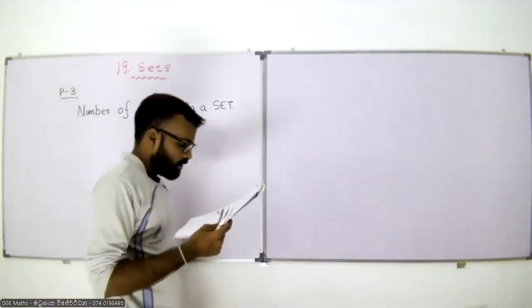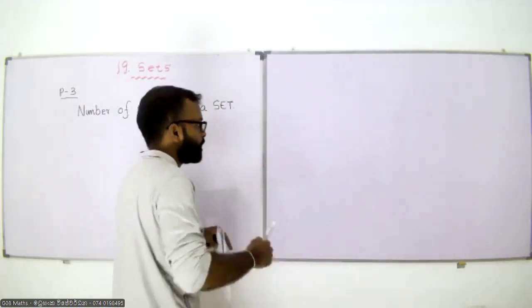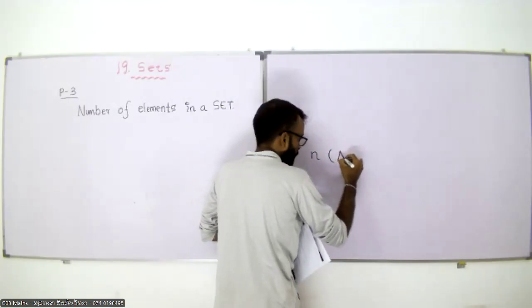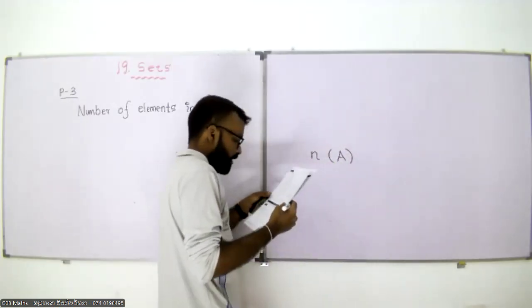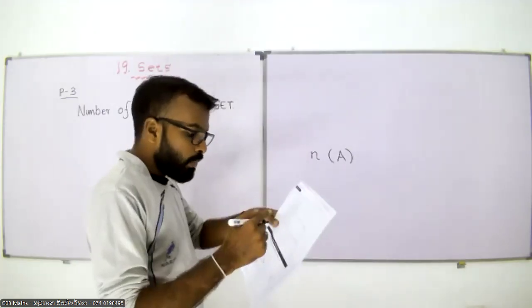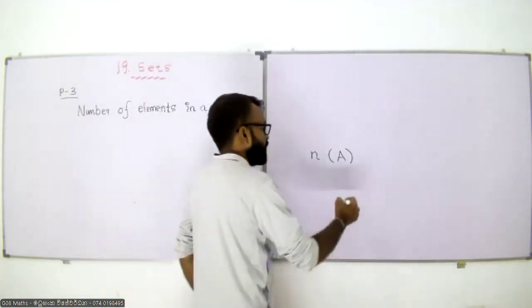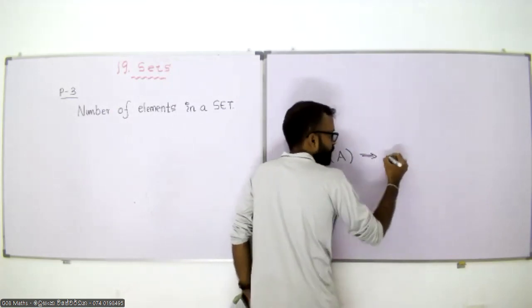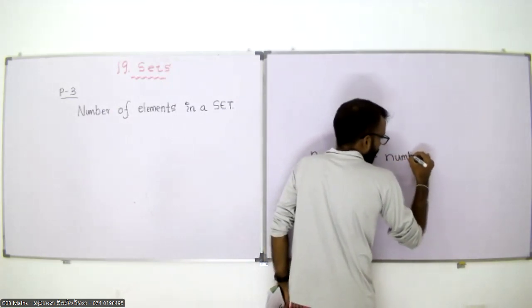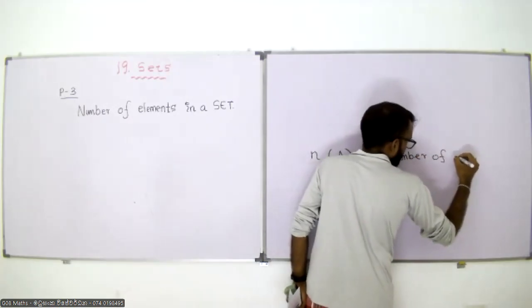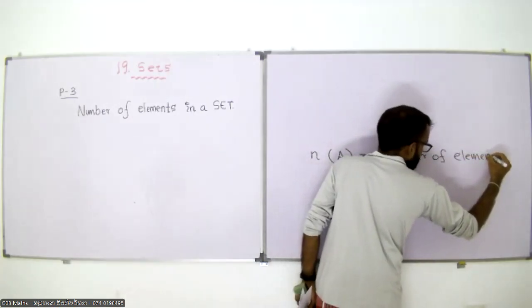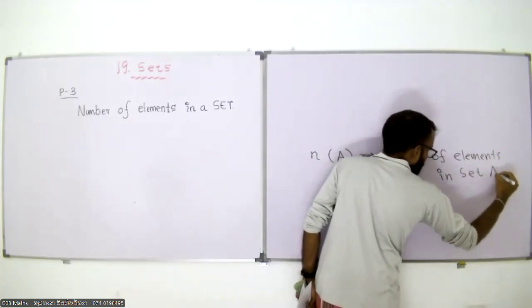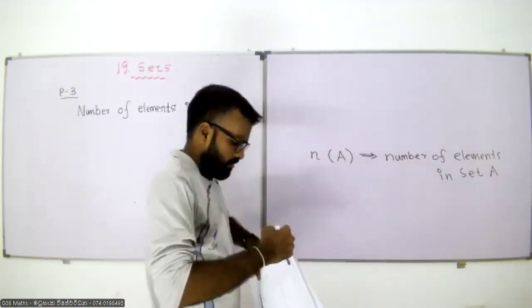Next. First of all, I have given the notation n(A). Right? n(A) is used to denote the number of elements in the set. If you use this, the meaning of this is number of elements in set A. Right.